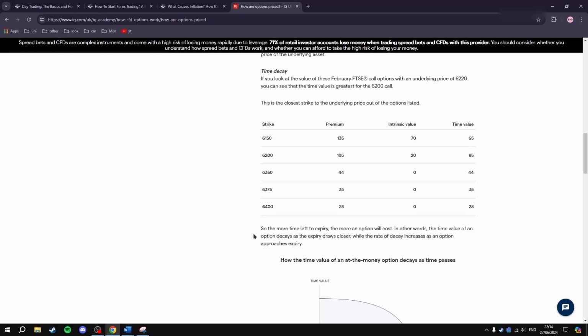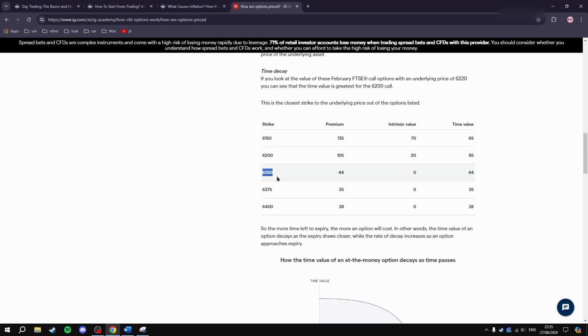So time decay. If you look at the value of those February FTSE call options with the underlying price of 6220, you can see that the time value is greatest for the 6200 call. This is the closest strike to the underlying price out of the options listed. So the premium is higher because it's the closest to 6220, only 20 points away.